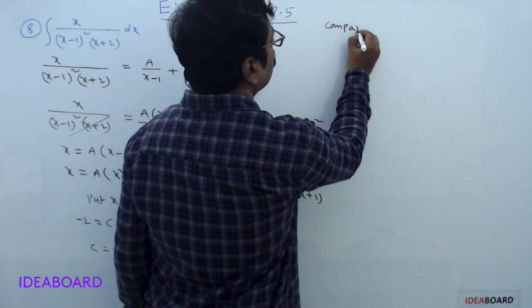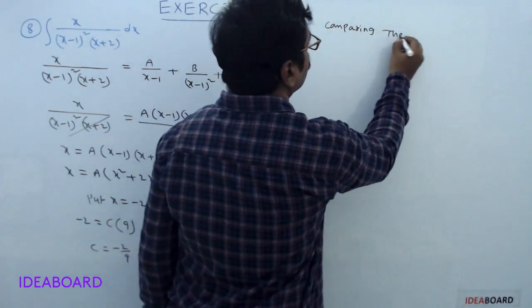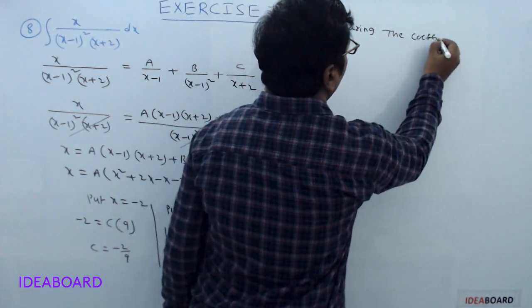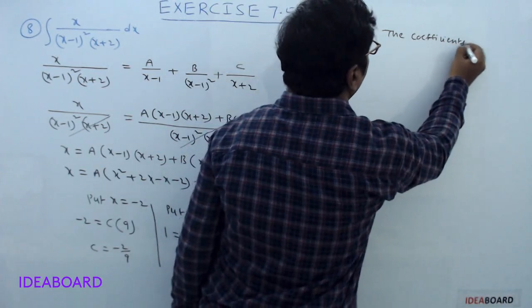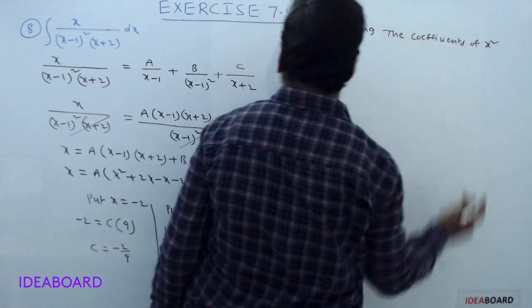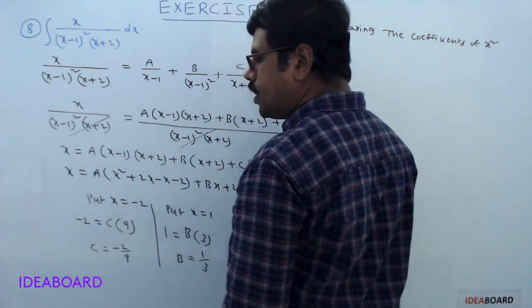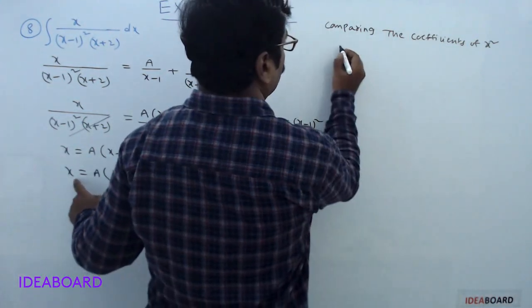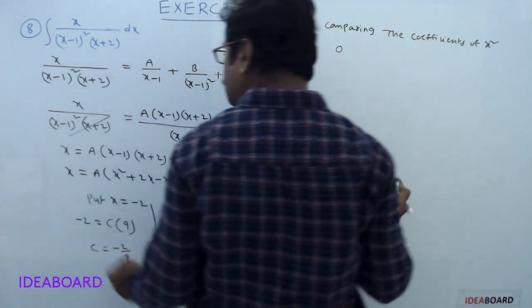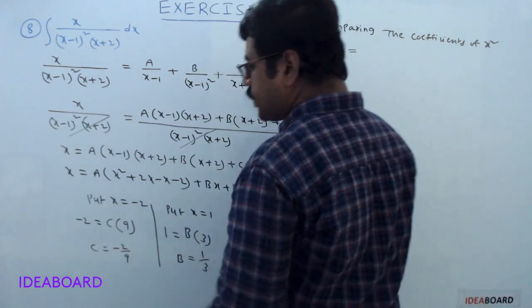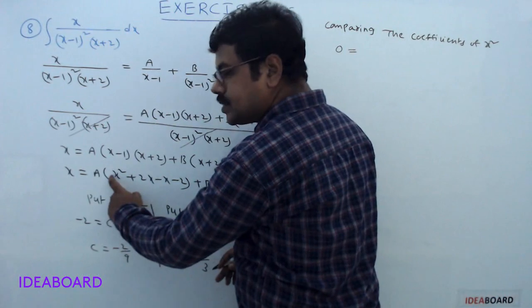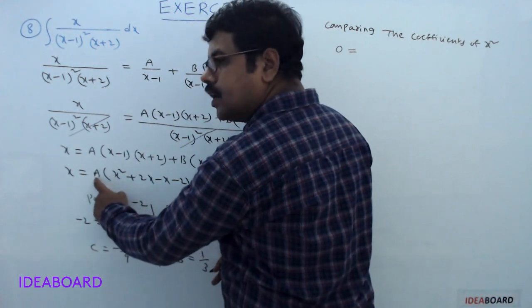So comparing the coefficients of x square. Now, in the left hand side, there is no x square term. So the x square coefficient in the left hand side will be 0 equals, here the x square coefficient is 1 multiplied with a.